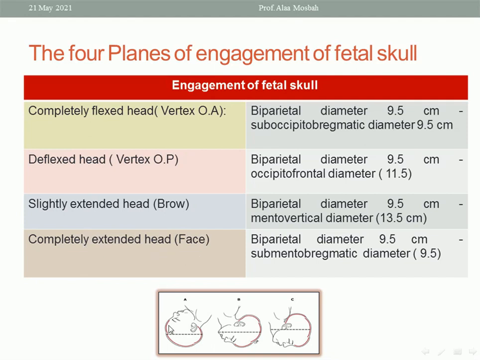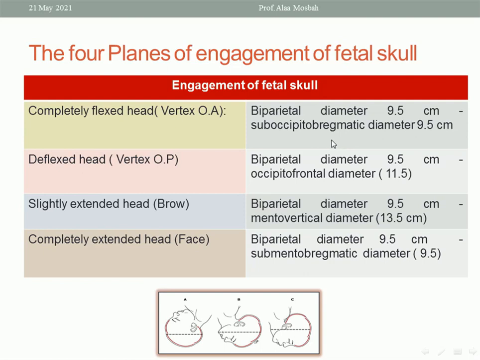As you see here, this is vertex, this is brow presentation, and this is face presentation. Vertex, brow, and face. We said the largest transverse diameter in all is the biparietal diameter, which is 9.5 centimeter. What about the longitudinal diameter?